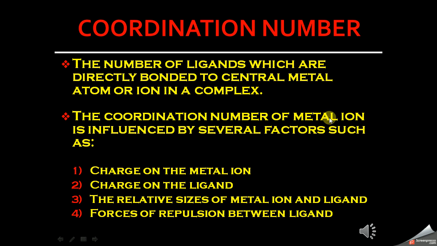The coordination number of a metal ion is influenced by several factors: first, the charge on the metal ion; second, the charge on the ligand; third, the relative size of the metal ion and ligand; and fourth, the force of repulsion between ligands.